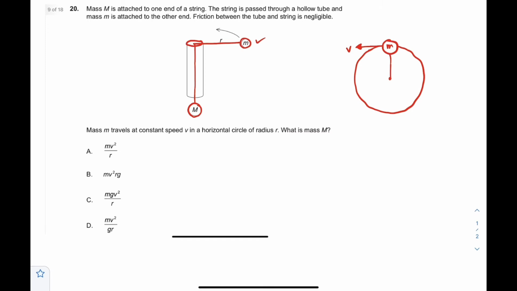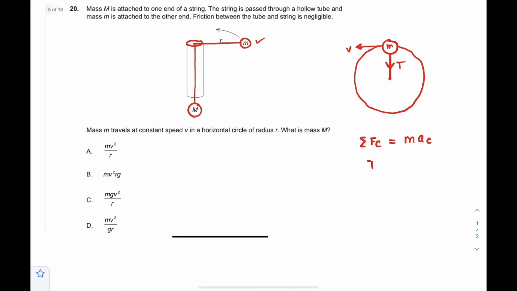Okay, so suppose the tension in the string be T, which is acting towards the center of the circle. So what can I write? The summation of net force towards the center of the circle is equal to mass into acceleration of the particle towards the center of the circle. So what is the force acting towards the center of the circle? Only tension T is acting, right?